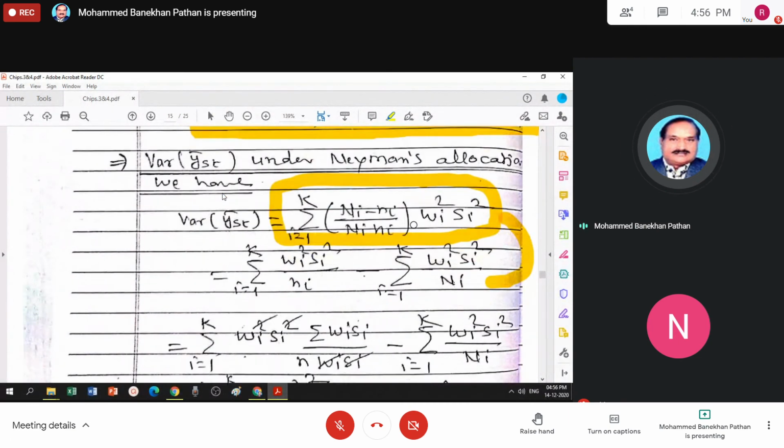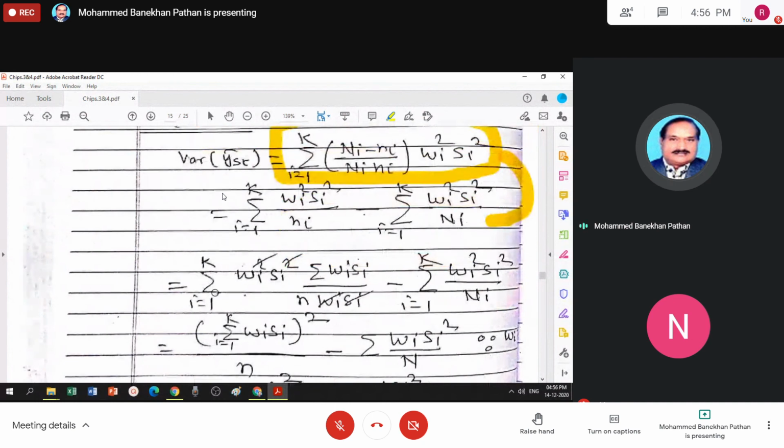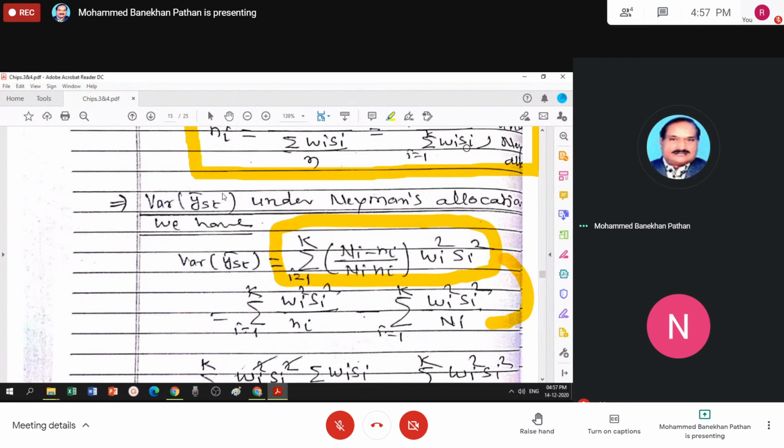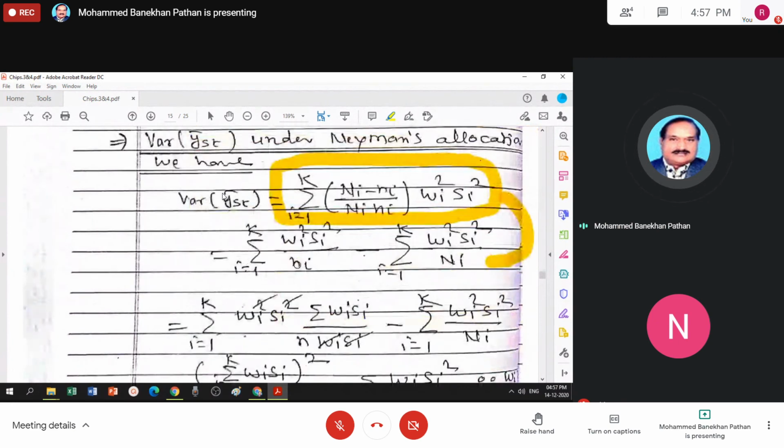Let us proceed ahead. Summation i equals 1 to k wi square si square divided by ni. So it is a reciprocal of this formula because it is in the denominator. So it is written as summation wisi divided by small n wisi.